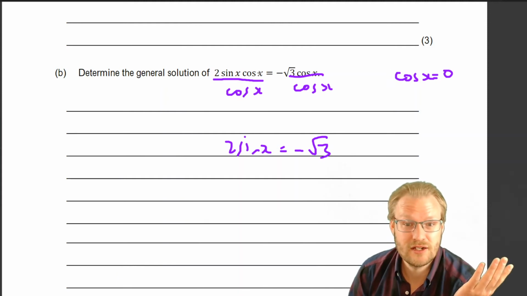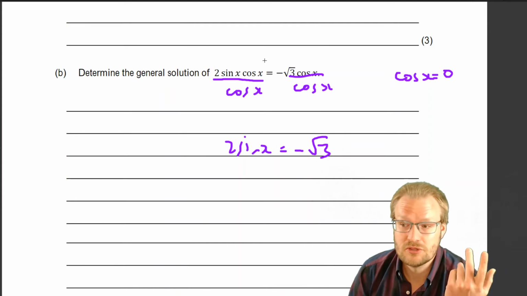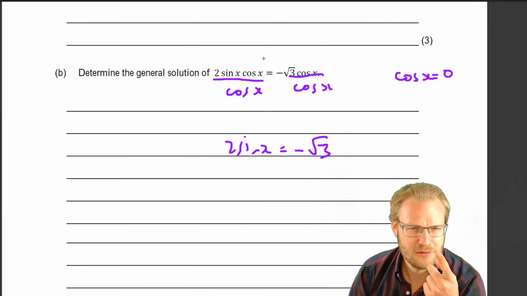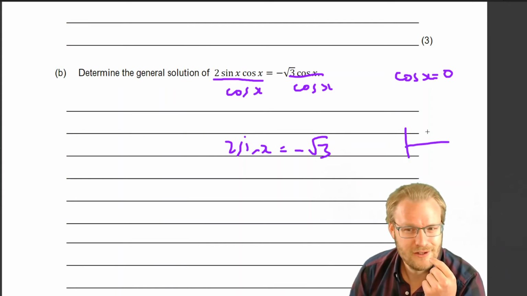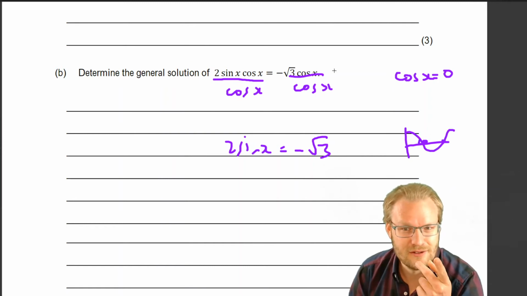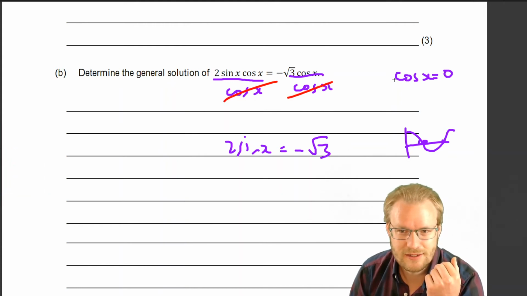And what's to say that cos x can't equal 0? When x is going to be, what would x equal? That's a good question. So if x is 90 or 270, that's a fair solution. 0 equals 0. So you can't just do this. So let's cancel that idea.